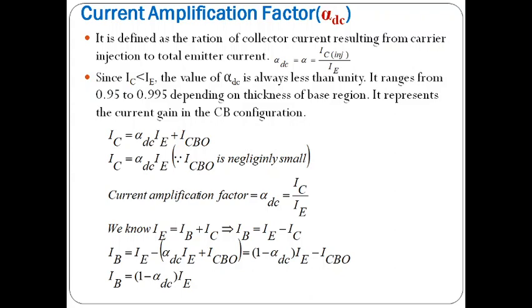We know the total current in a transistor IE equals IB plus IC. So from that we can write base current IB equals IE minus IC. Replacing the collector current IC with alpha DC into IE plus ICO, from this we can write IB equals (1 minus alpha DC) into IE. Okay?